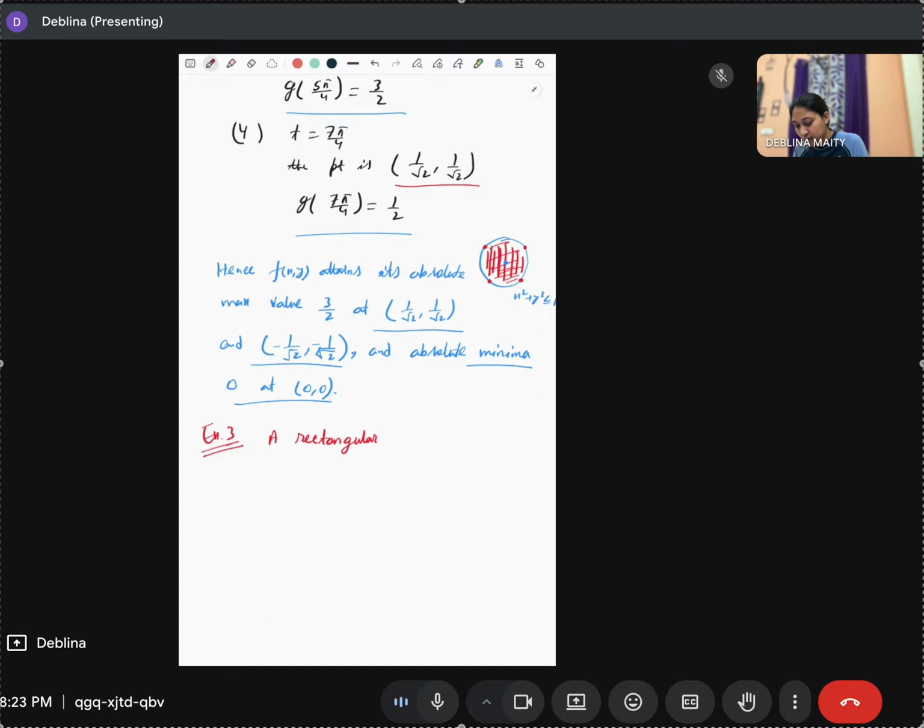So a rectangular box, open at the top, is to have a volume of 32 meter cube.